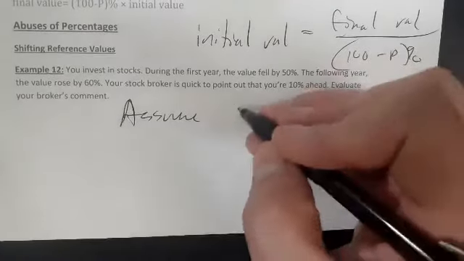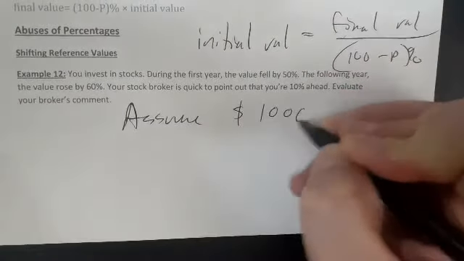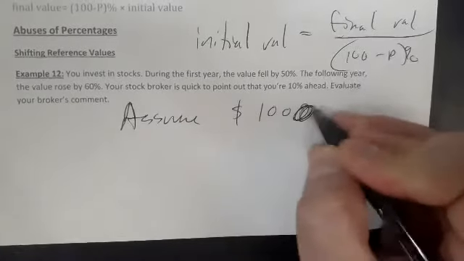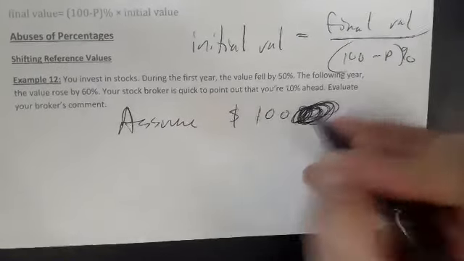So if we assume we have a certain amount of money, let's assume we start with $1,000 during the first year. And if you really want to be simple, you can just start with 100. I want to be really lazy.